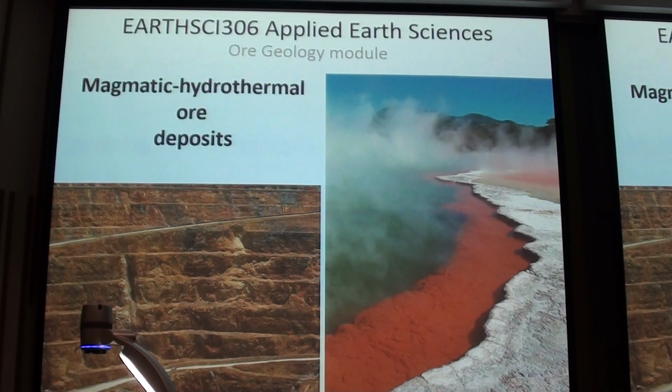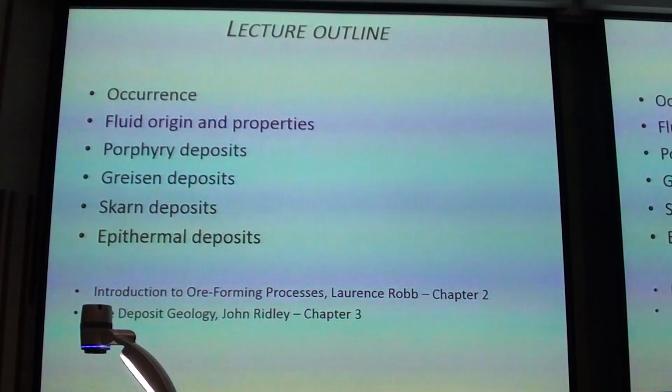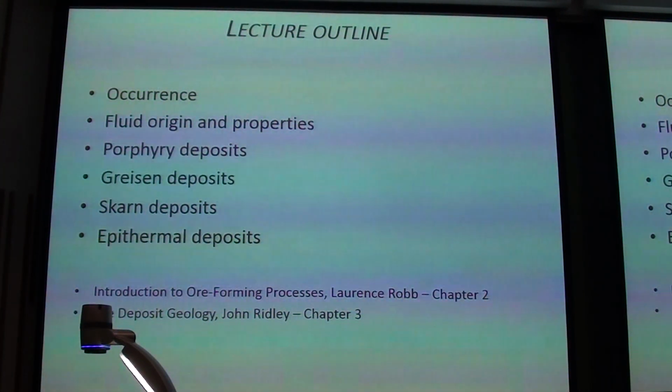Okay, so last week we looked at the four deposits that formed in magmatic settings. This week we'll be looking at deposits that formed from hydrothermal fluids. And today we'll be looking specifically at those deposits in which the fluids were derived from magmas.